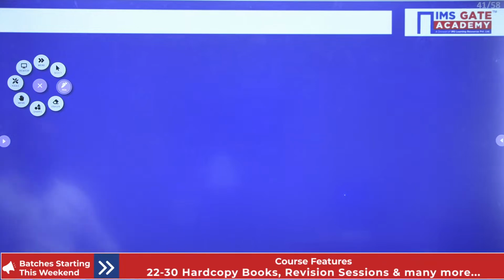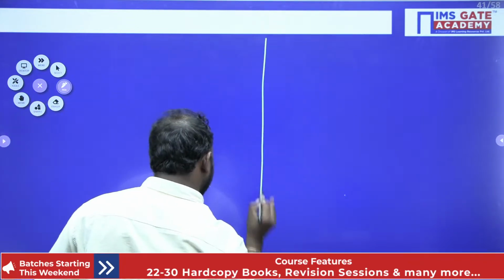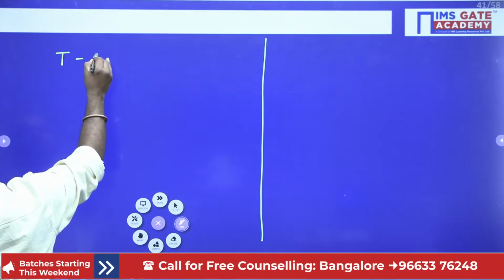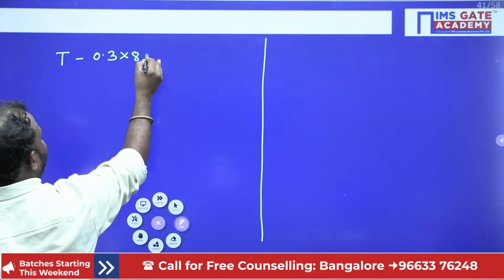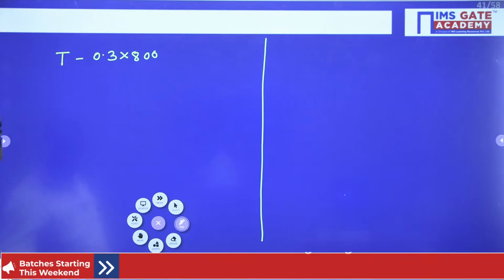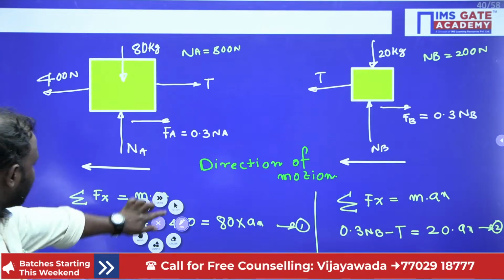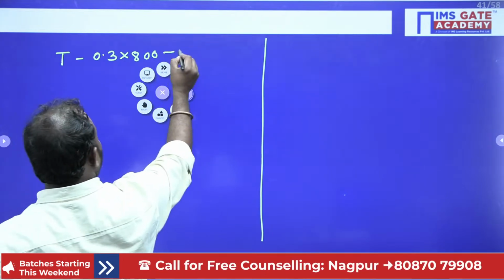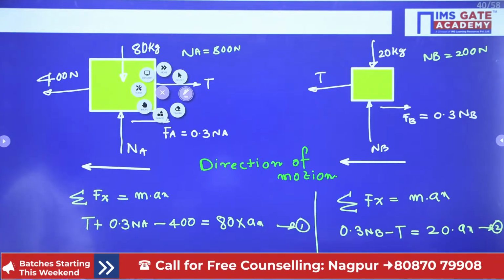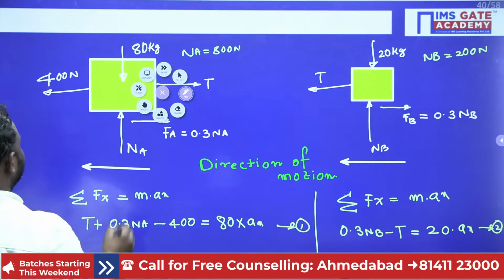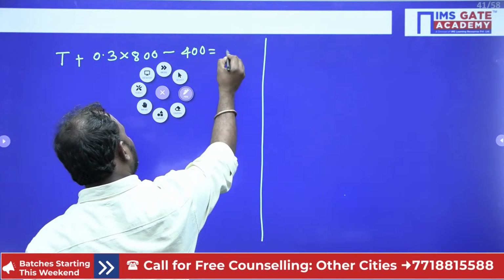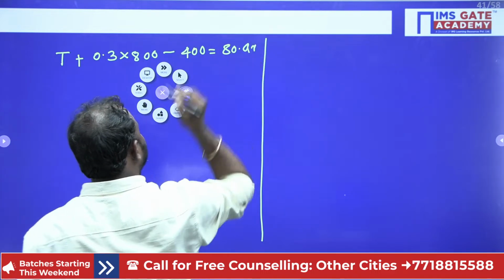Now let us elaborate this equation. First equation: t minus 0.3 into 800, that is Na. So Na is 800, minus 400, this is plus I guess, right, this is plus, yeah exactly, this is plus, minus 400 is equal to 80 into ax, right.